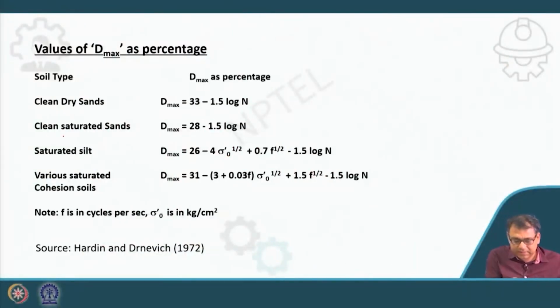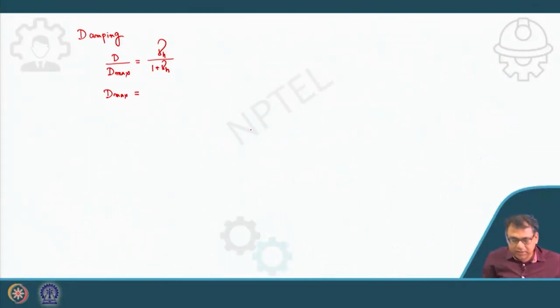This is D max for clean saturated sand. So D max is 28 minus 1.5 log N. Okay, so that I will use here. D max is 28 minus 1.5 log 10 N, so this is 28 minus 1.5 log 10 7.